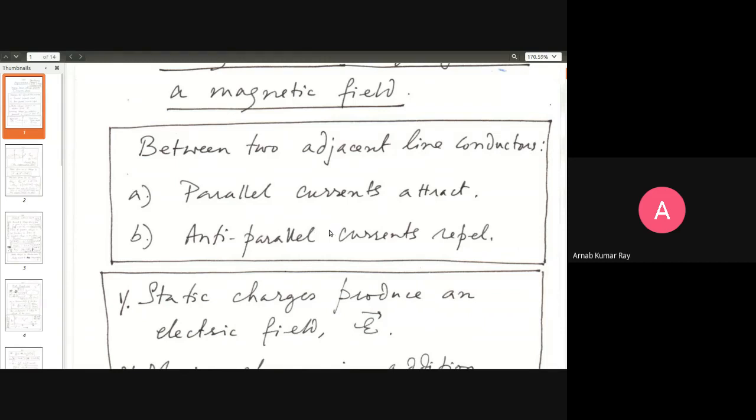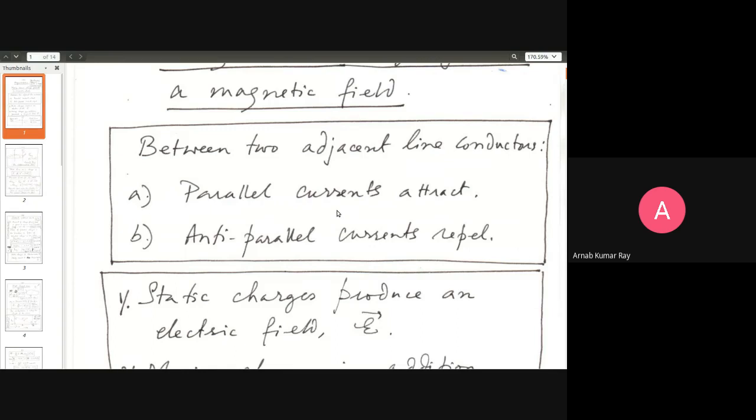But if one is, let us say, going from north to south, and the other is going from south to north, if the two currents are going in opposite directions, like two trains going in opposite directions on two close parallel tracks, anti-parallel movement of trains, then these two wires will repel each other. Okay, so that is an observational property.